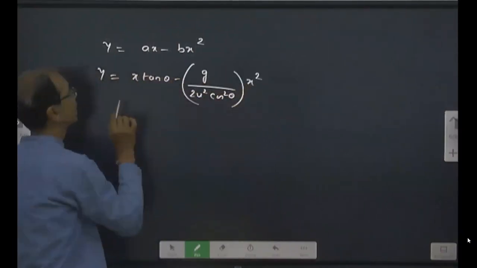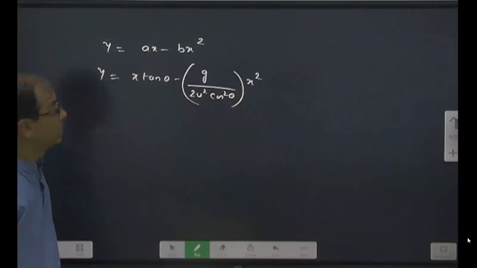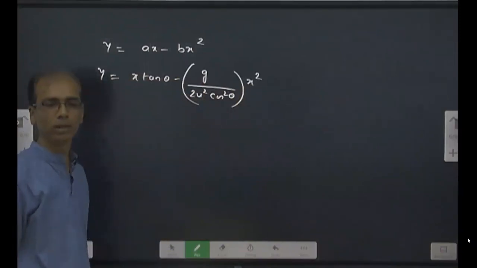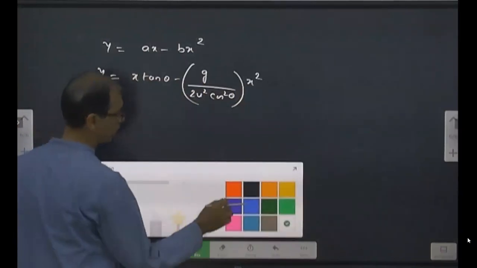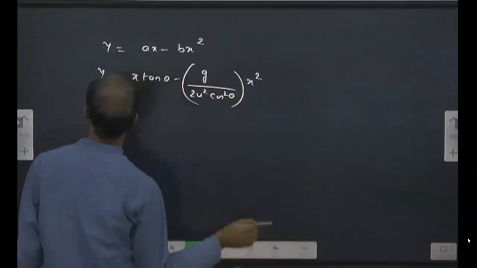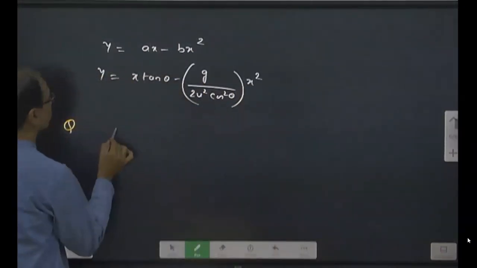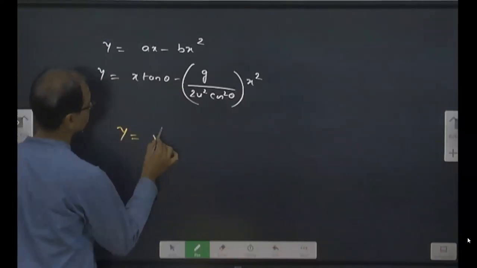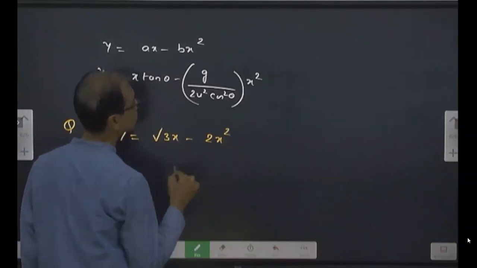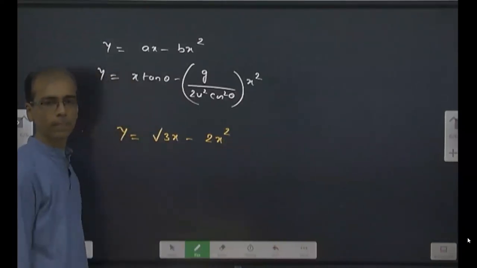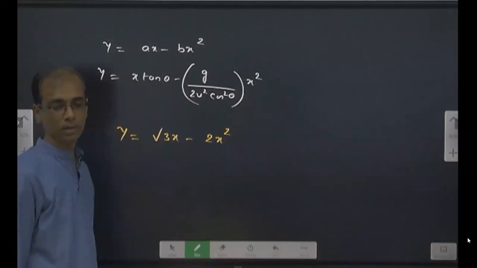So a basically is tan theta and b basically is g by 2u square cos square theta. Sometimes they ask you a question like that. Suppose I give you right now a question. A projectile motion is given like y equal to root 3 x minus 2x squared. Find the angle of projection and velocity u of the projectile.